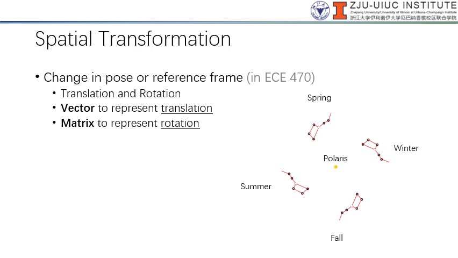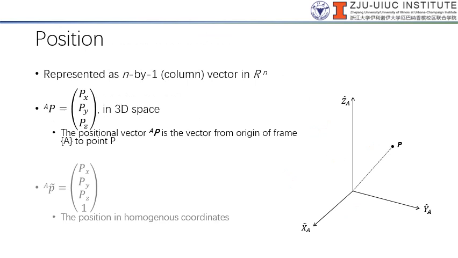Again, you can use a vector for translation and a matrix for rotation, just like what you have done for your position and orientation. We will talk more about the application in class again.